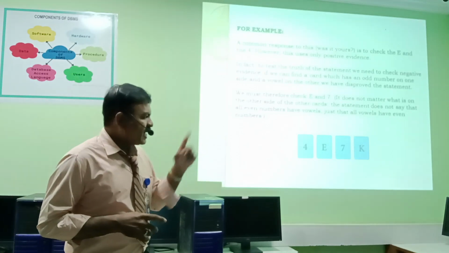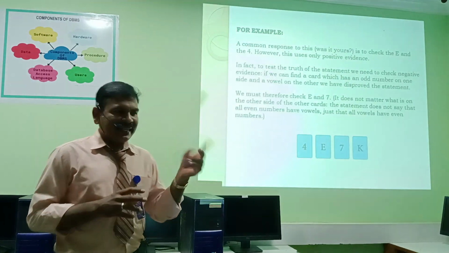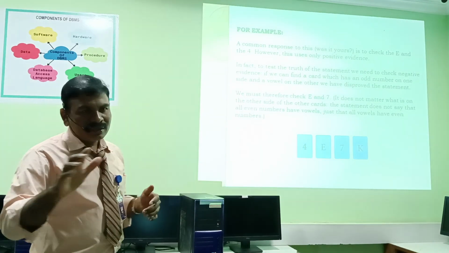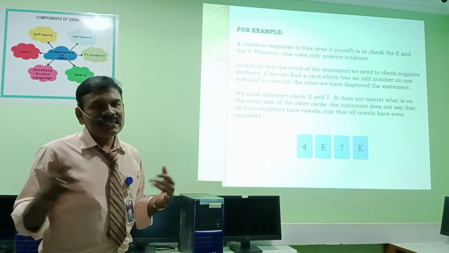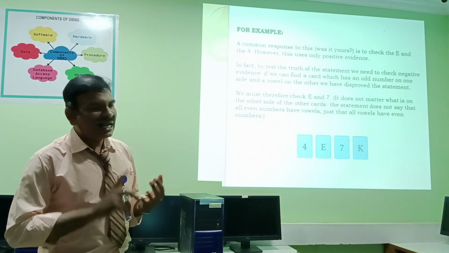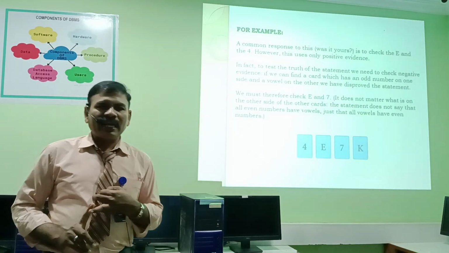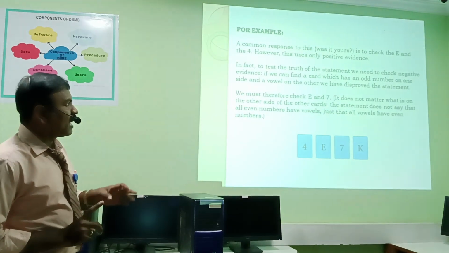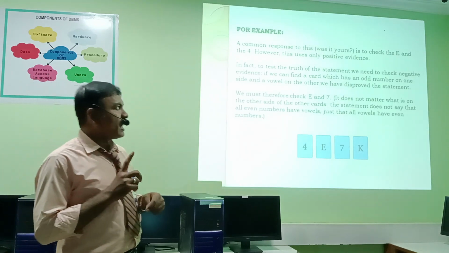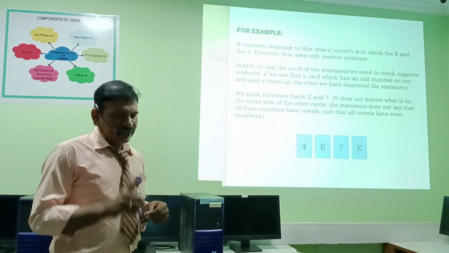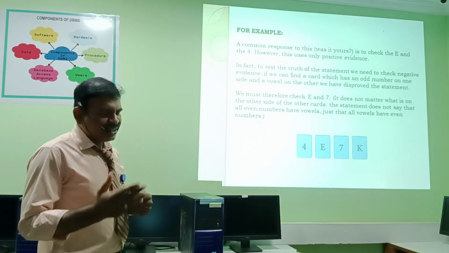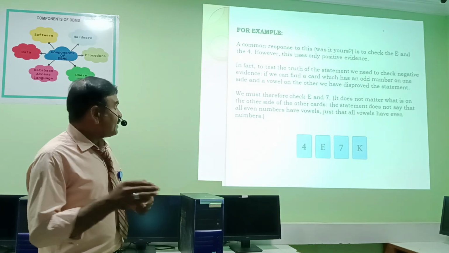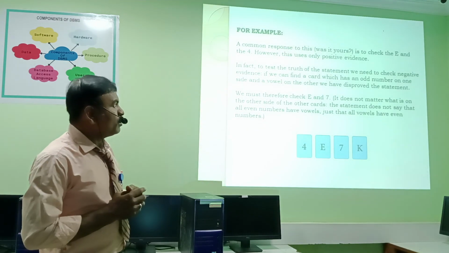E is a vowel. The remaining, 4, 7 and K, are not vowels. We specify numeric values as well as consonants. Here we have only E as a vowel, and the remaining are integer values and consonants.